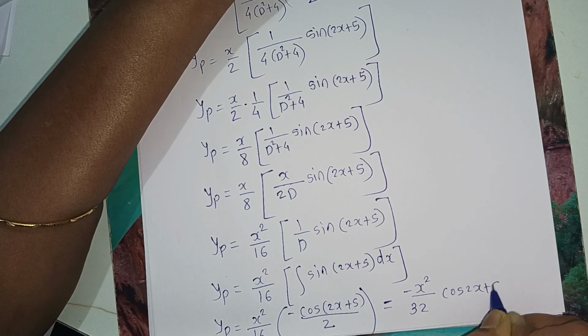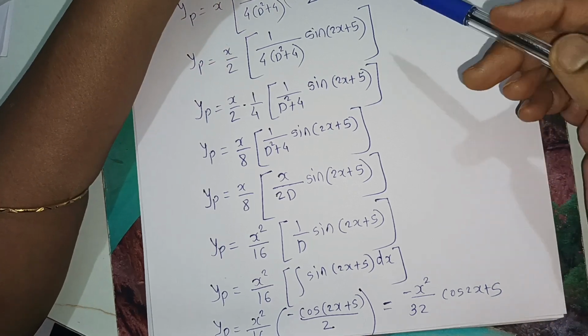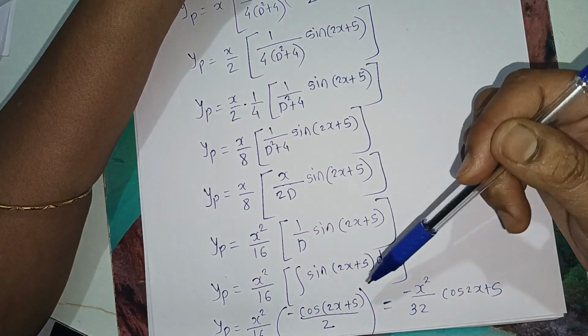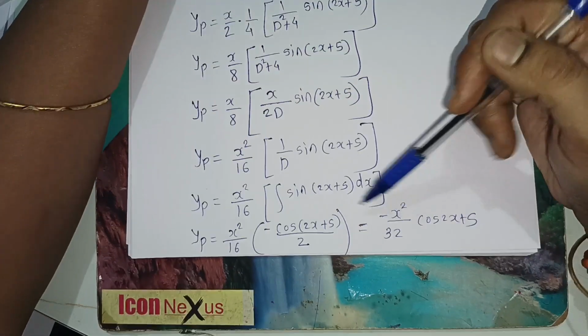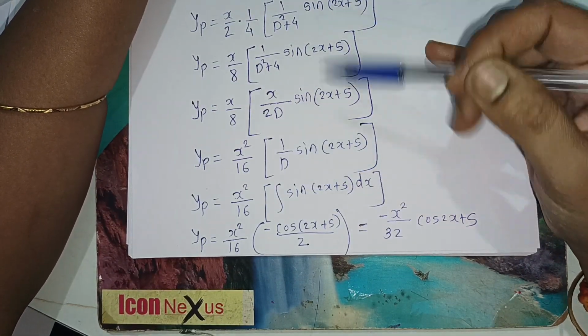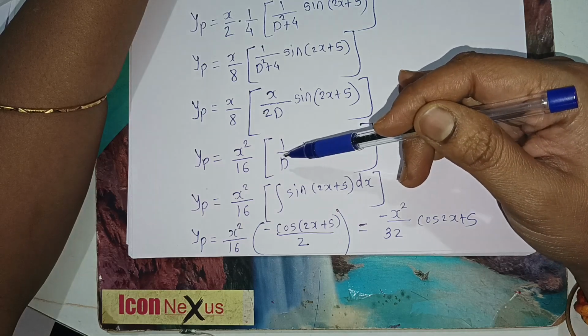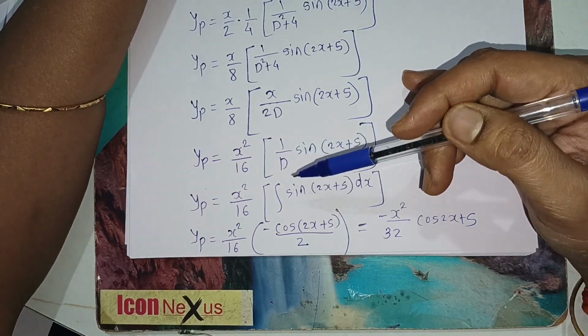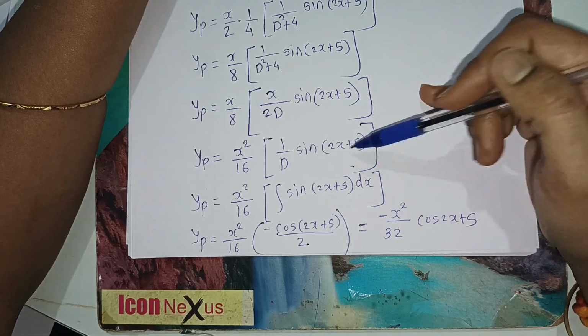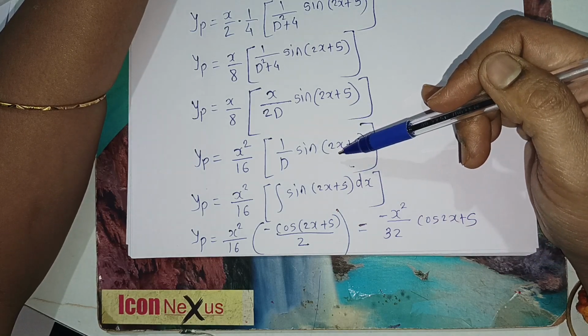So how many times have we used the same case? We have used the same case 3 to 4 times, but at the final substitution we have used 1 by D as integration. You can also use the same case by multiplying and dividing by D. Okay, that means D will convert it to D square and you can replace D square by minus a square.